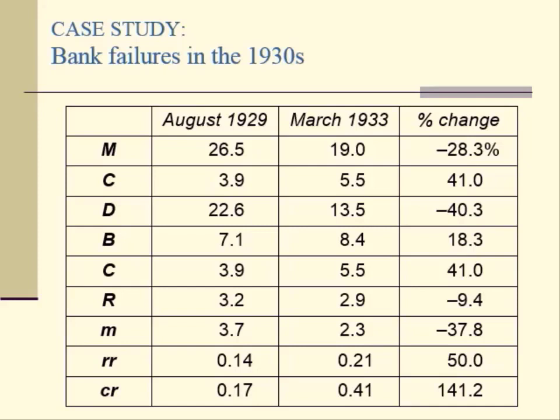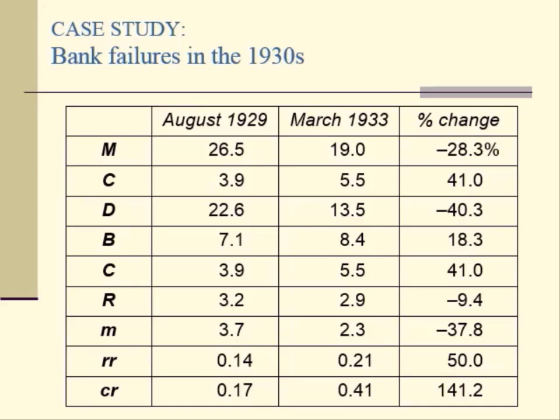That is, the percent change in the money multiplier is approximately 37.8% decrease. Negative 37.8% means decrease. And correspondingly, if you look at the first row, the money supply decreased by 28.3%.